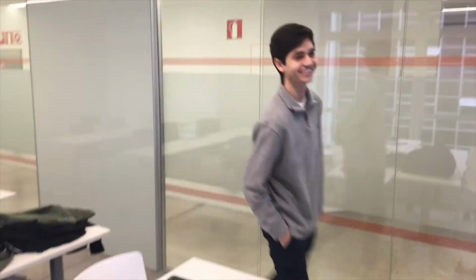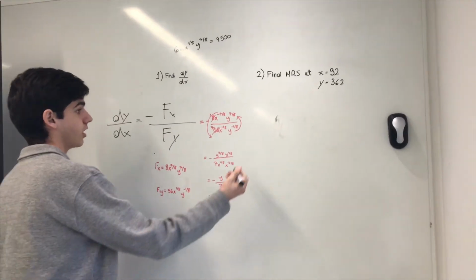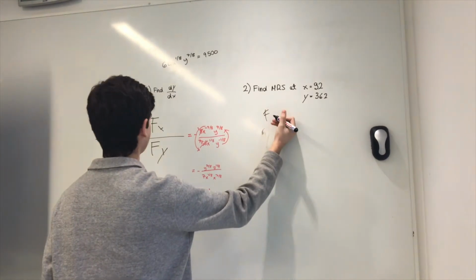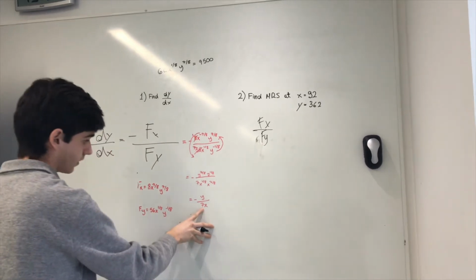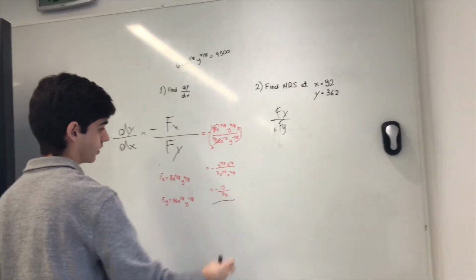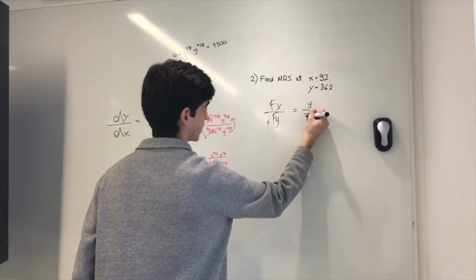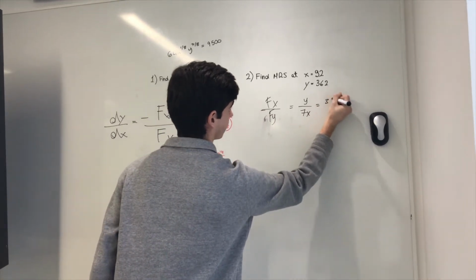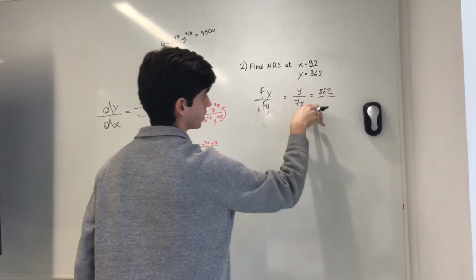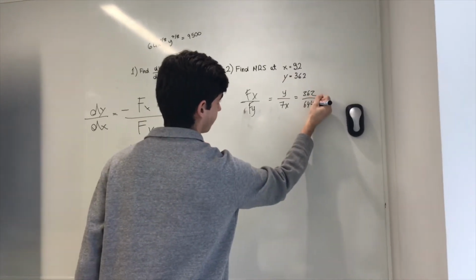Thanks, colleague. Okay, so since this time we're dealing with a rate, this formula is actually going to become positive because a rate can never be negative. And so the answer we got for the last question would become y over 7x, and then we just substitute the numbers, which would become 362 over 7 times 92, which is 644.